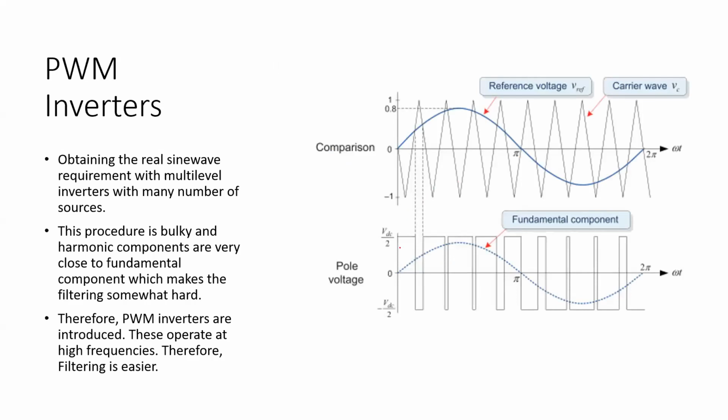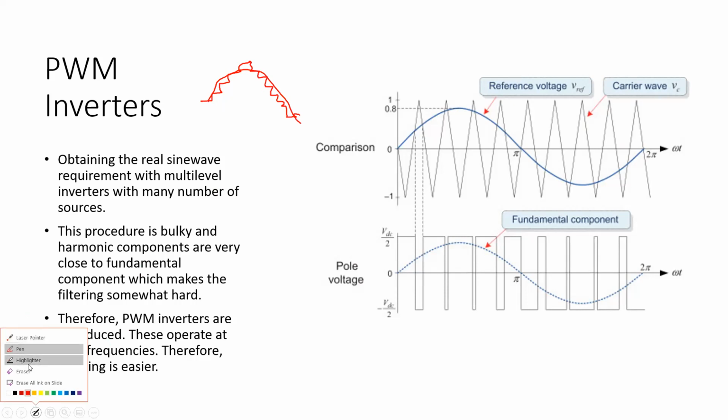So now we are coming to PWM inverters. These are the most common inverters we have in the industry. VFDs work on this principle. In multi-level inverters, if you have many levels of H bridges, you can approximate a sine wave by having a lot of steps, so you can match the shape of a sine wave.